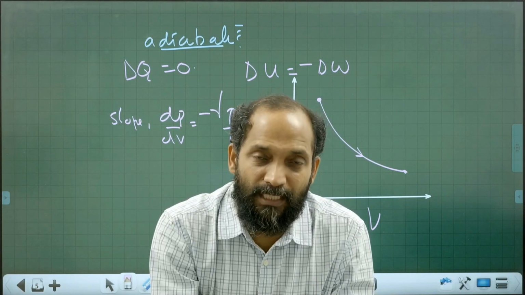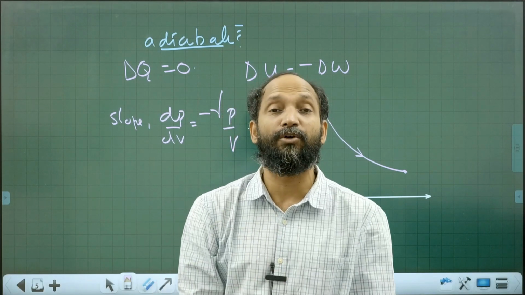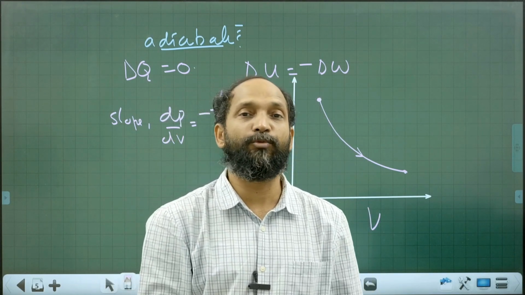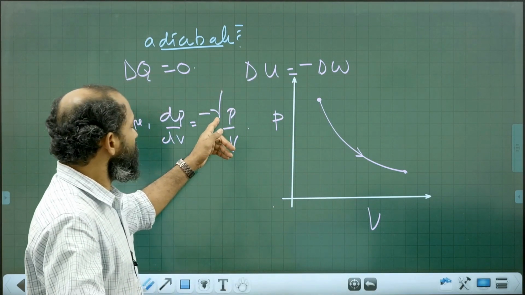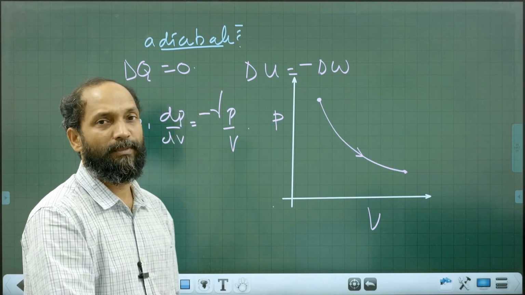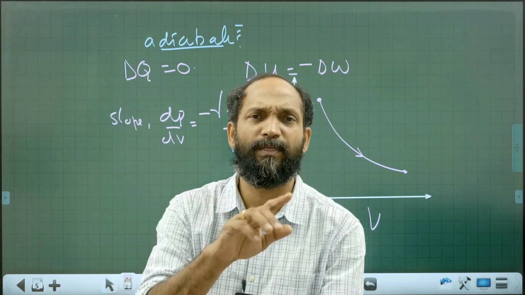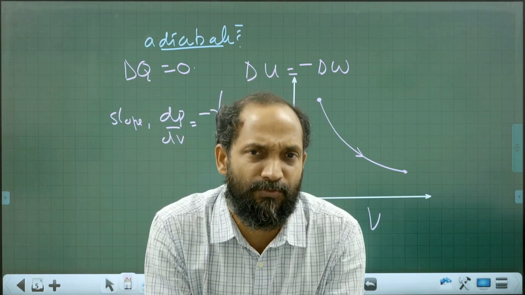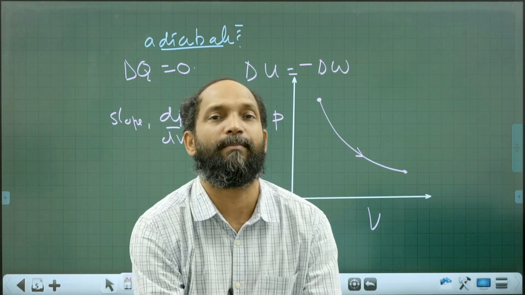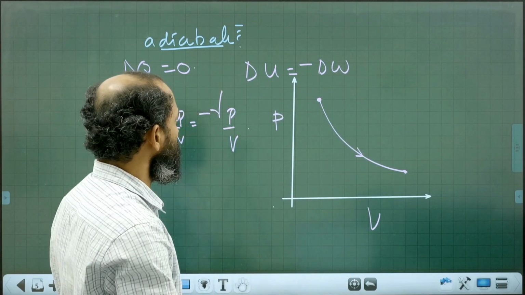If it is adiabatic, it depends on the nature of the gas also, atomicity, gamma. Monatomic gas has the largest gamma. That's why the slope is largest for monatomic. The larger slope of the PV graph for an adiabatic process is for monatomic gas. That's why the pressure change is also more for the adiabatic process for monatomic gases.